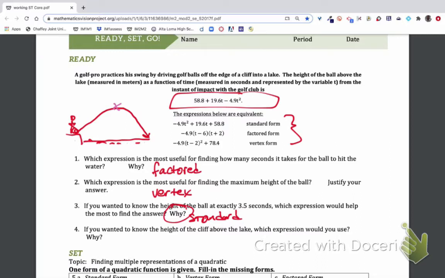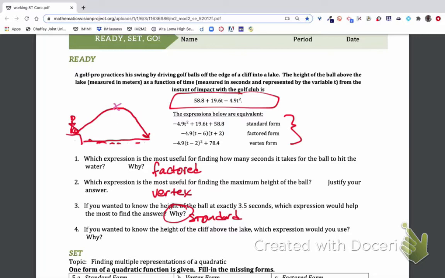For number four, you want to know the height of the cliff above the lake. Which expression would you use? So again, we have this cliff.